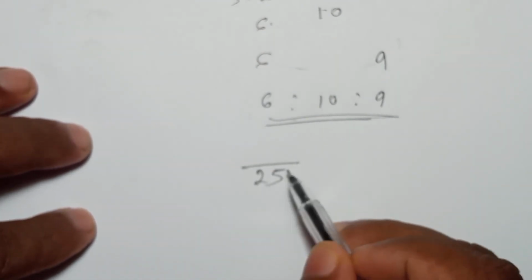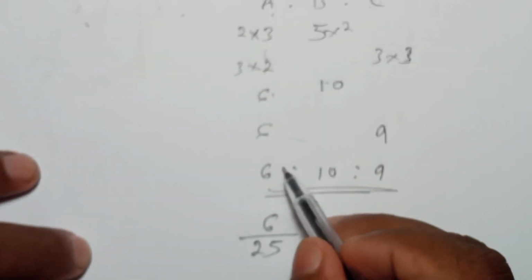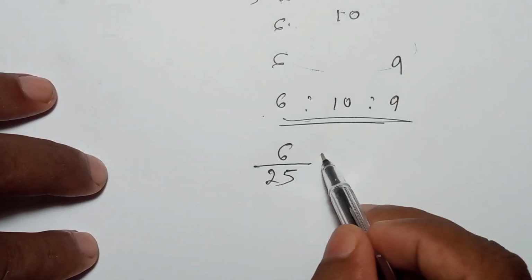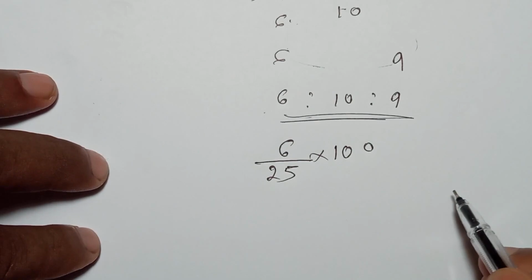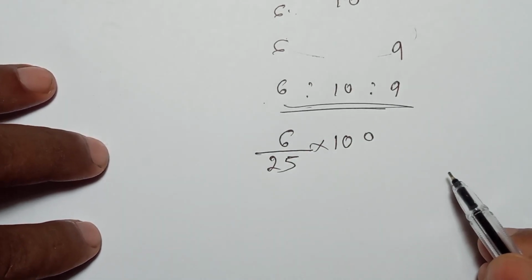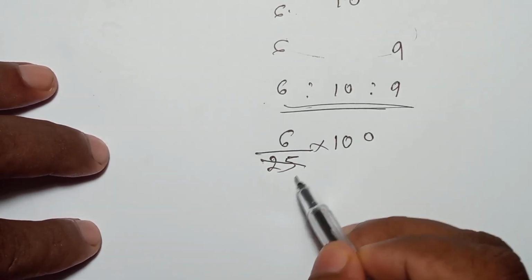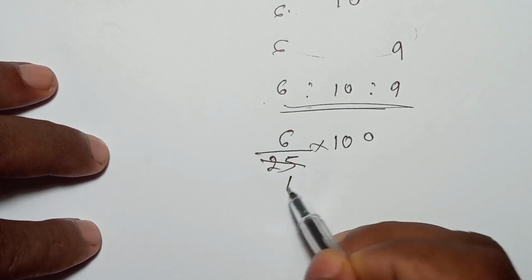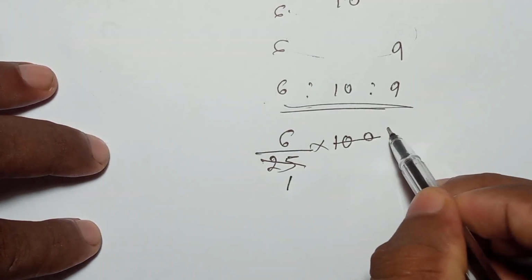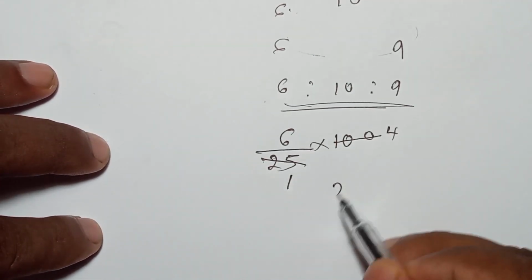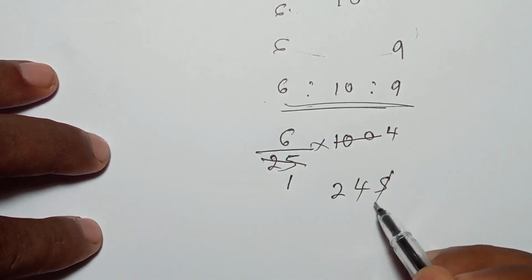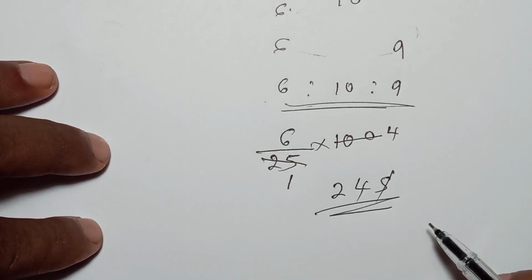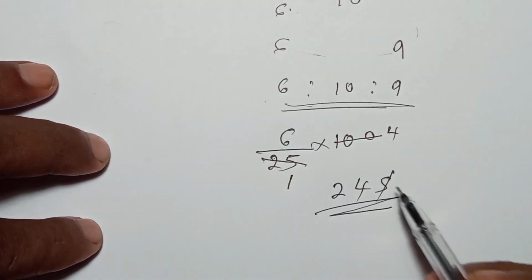Out of 25, A will get 6, according to this, right? Now this is multiplied by 100 to find the amount received by A. So how many 25s are there in 100? It is 4. 4 into 6 is 24. So A will get $24, right? That's the answer for that question.